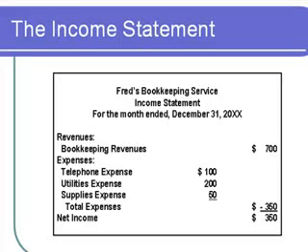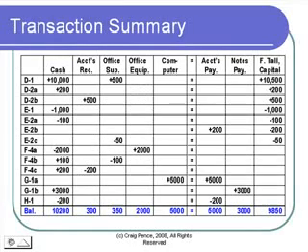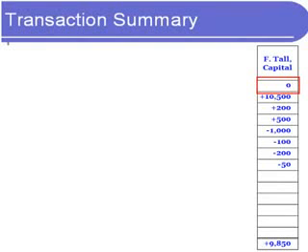There's one final statement we want to look at here, and that is our statement of owner's equity. We've returned here to our summary page, and note that we started with no balance in owner equity at all. The business had just started up. Then we had an investment made by the owner. We had revenues earned, expenses incurred, and then we also had a withdrawal.